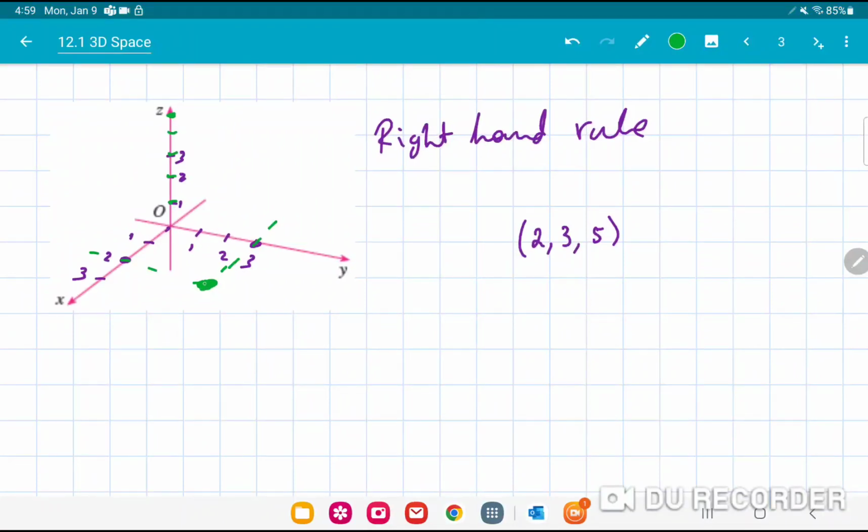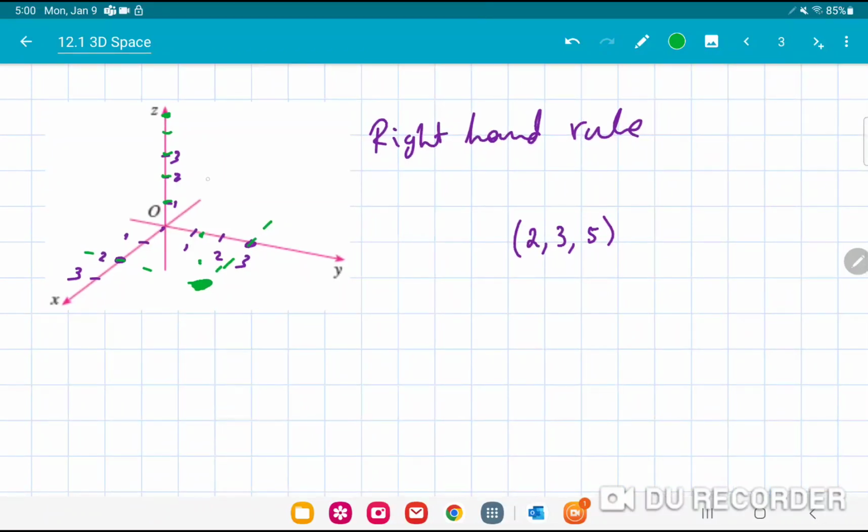I can start measuring from this point, knowing that this is my yardstick, measure 5 units like so, 1, 2, 3, 4, 5, and place that point. That's 5 units from the XY plane. So this point is 2, 3, 5.